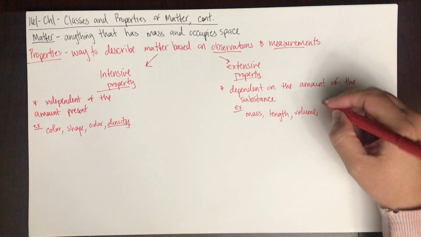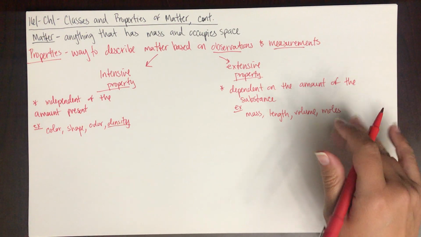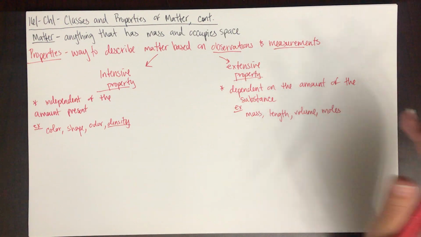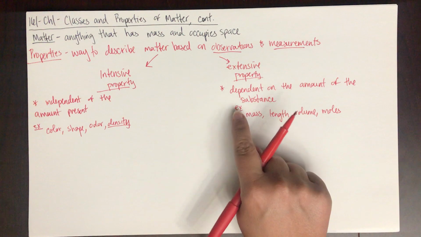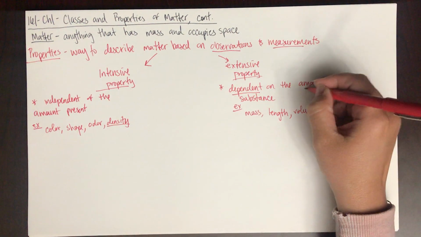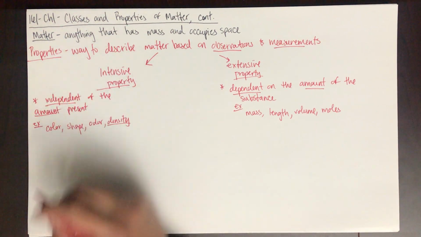We'll talk about this later, but also number of moles, which is how many atoms or molecules we have. These are things that we're measuring that are dependent on the amount, and the intensive properties are independent of the amount.